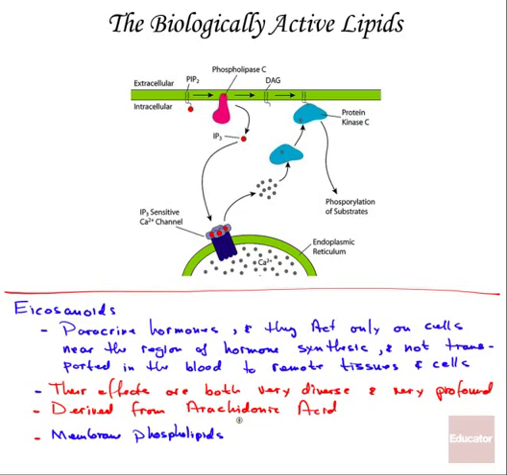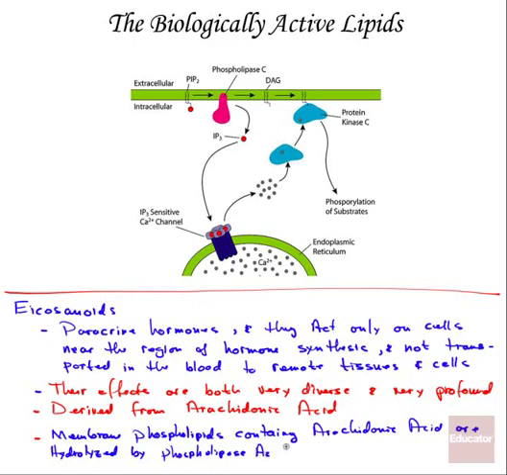So membrane phospholipids containing the arachidonic acid are hydrolyzed when needed by an enzyme called phospholipase A2, to be exact, to release arachidonate.